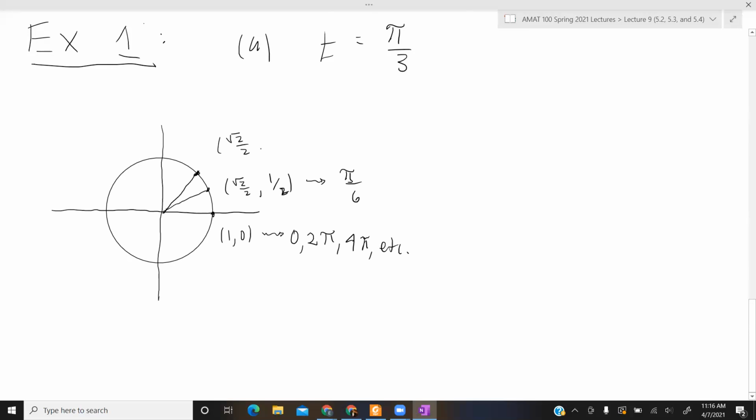So it's root 2 over 2, root 2 over 2, and this corresponds to pi over 4. And then you have pi over 3, the point right here. It's like pi over 6, but you just flip the coordinates. So this one right here will be 1/2, root 2 over 2. Let me make sure I got this right, because sometimes I forget myself.